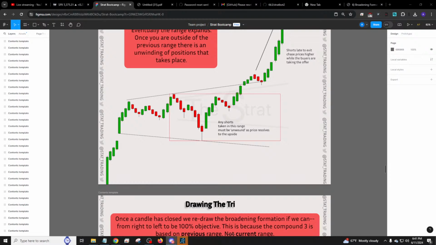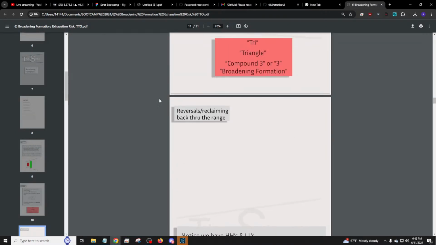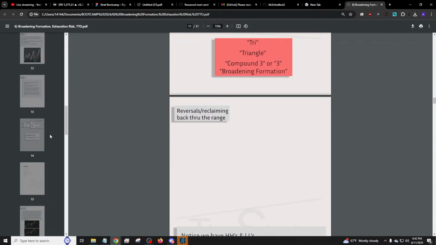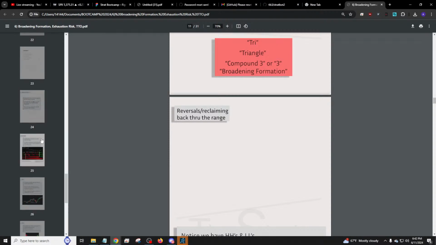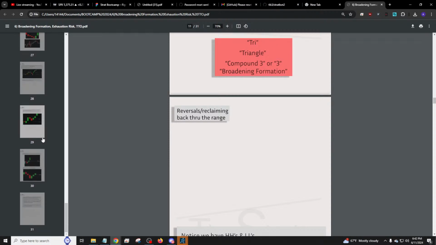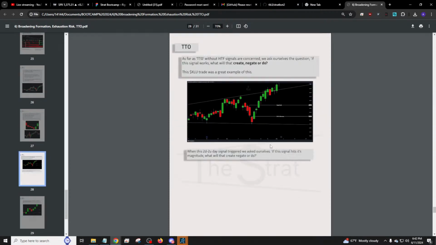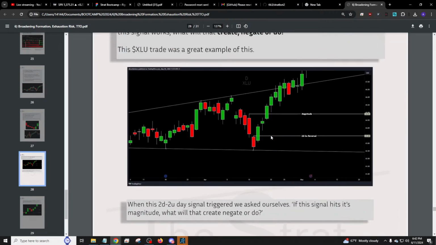Yeah, so the other question was, why was the 2-2 reversal not an actionable signal? Because when it comes to XLU here, it is a reversal, so we can take action on that, just understanding it's a reversal.